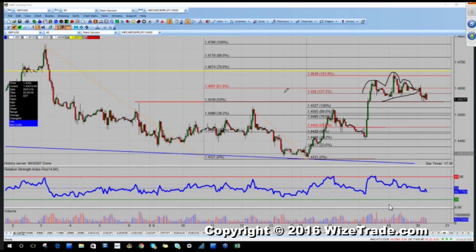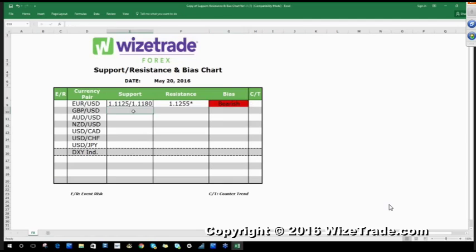But if you remember our analysis yesterday, we talked about the importance of 145.50. Yesterday on our bias chart, we put 145.50. Well, guess what? We're there right now.